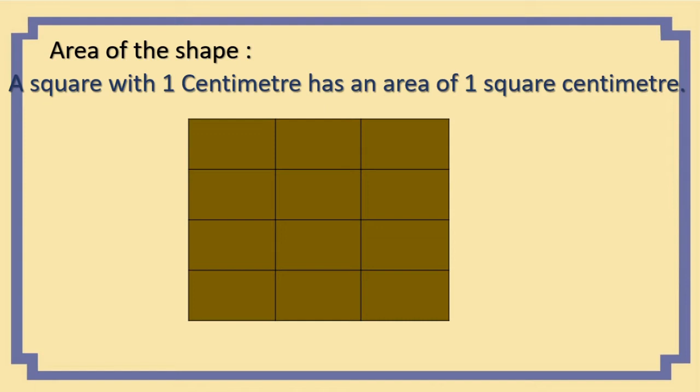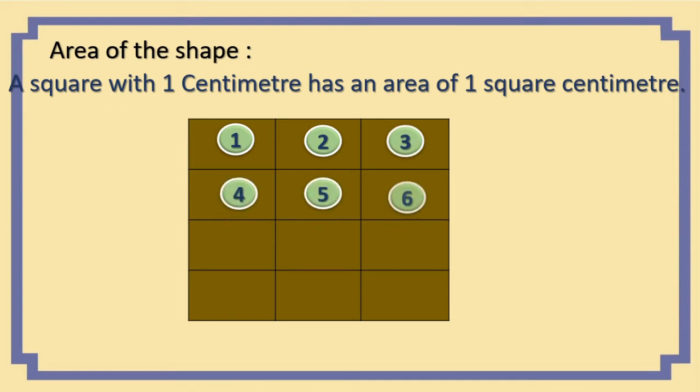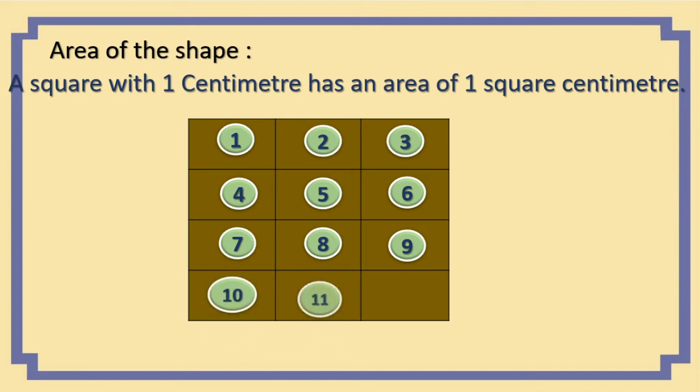First we will count the squares here. This is first square, second, third, fourth, fifth, sixth, seventh, eighth, ninth, 10th, 11th, and this is 12th. Okay, there are 12 squares, isn't it?